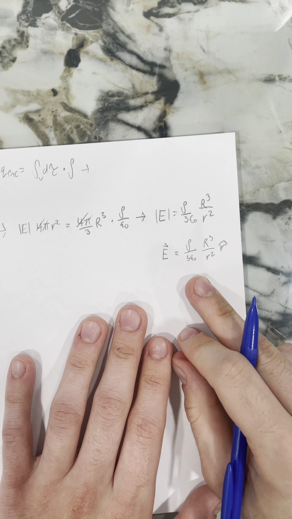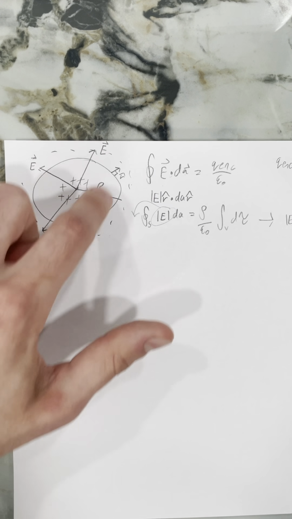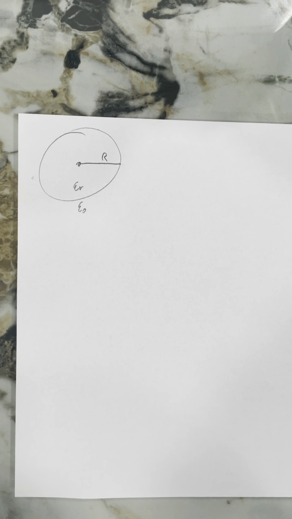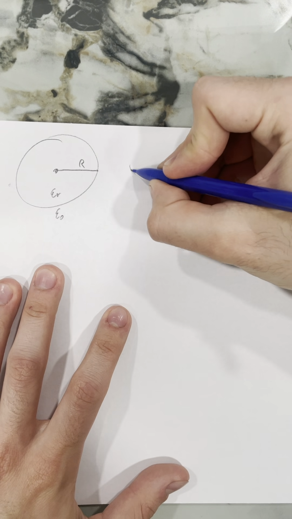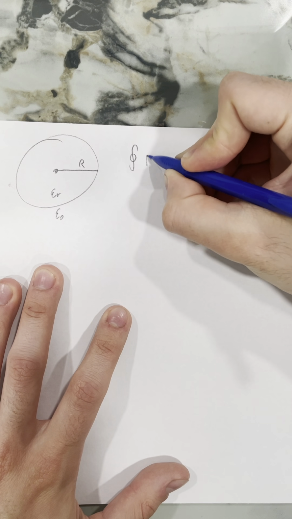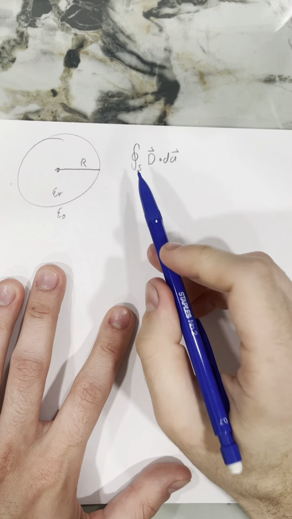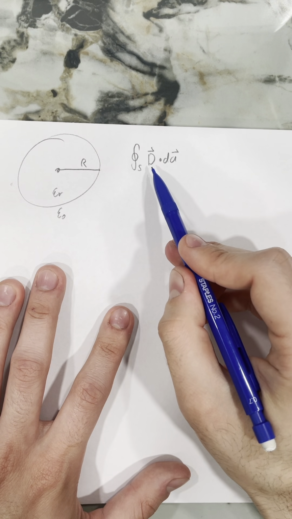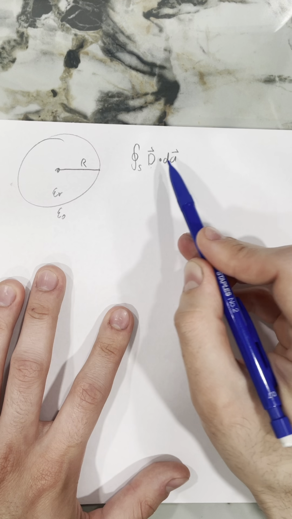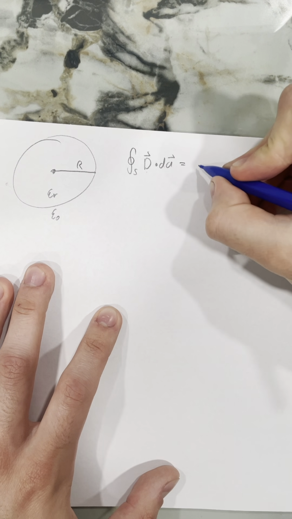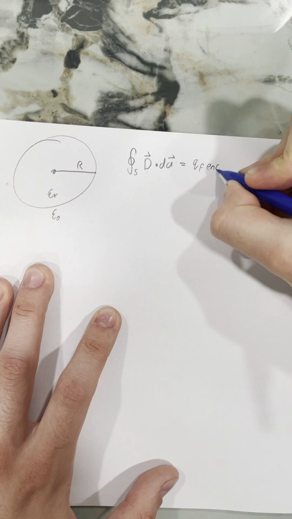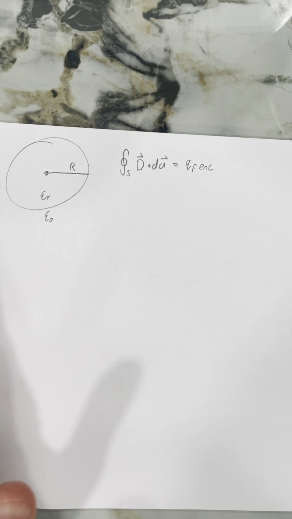And so now we're going to solve for the electric field on the inside. To solve for the electric field on the inside of the sphere, this time we're going to use this equation, which is just a small modification of Gauss's law. On the left side, it is the closed surface integral of the electric displacement field times the differential area element, and that's going to be equal to the free charge enclosed.